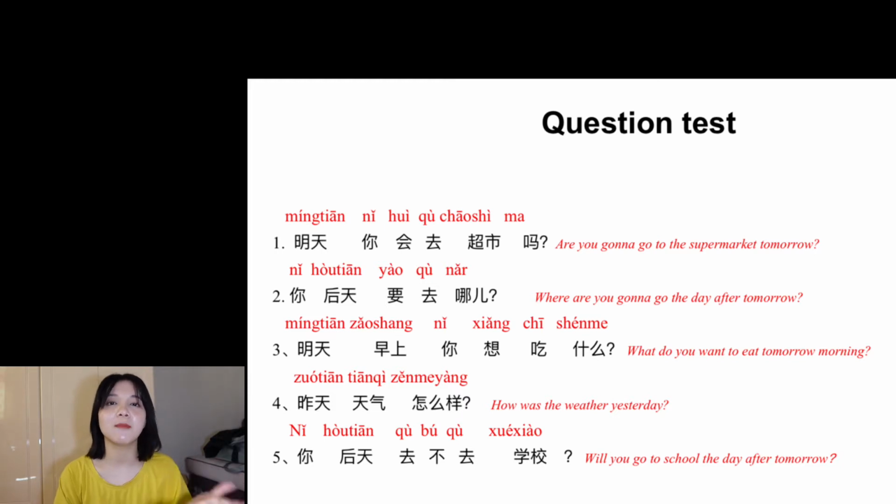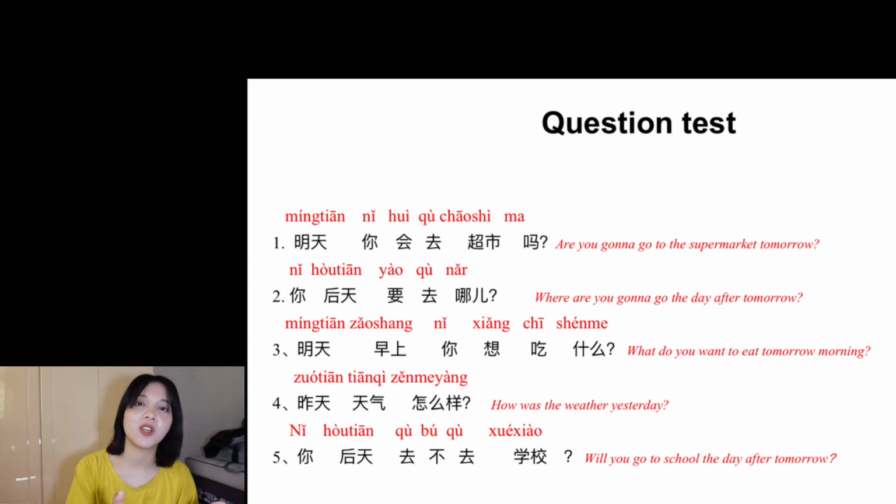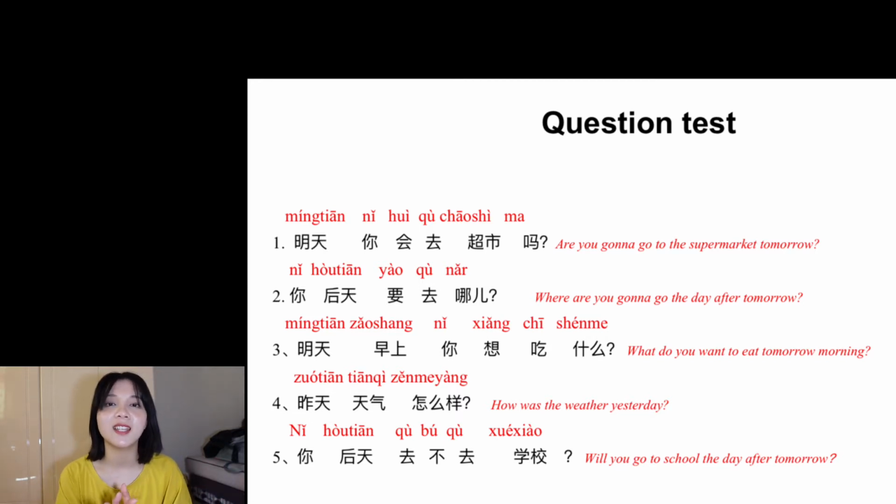So the answer can be 我后天要去 then the place you are gonna go. Question 3. 明天早上你想吃什么？What do you want to eat? Like tomorrow morning. And the answer can be 我明天早上想吃 then add the food that you want to eat.